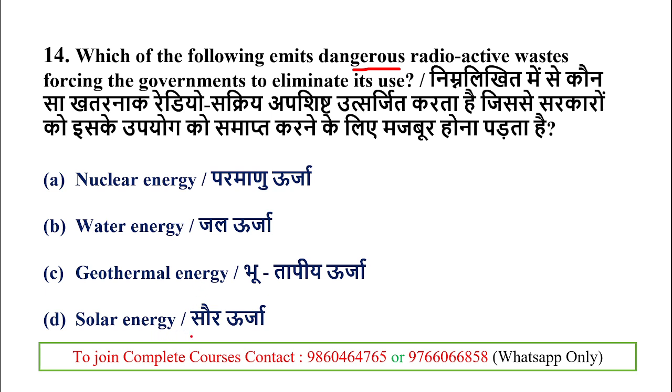And solar energy, as we know, is very economical and a non-conventional renewable resource that does not make pollution. So the answer for this question is nuclear energy. It is a supply of energy produced by the energy emitted by nuclear reactions.